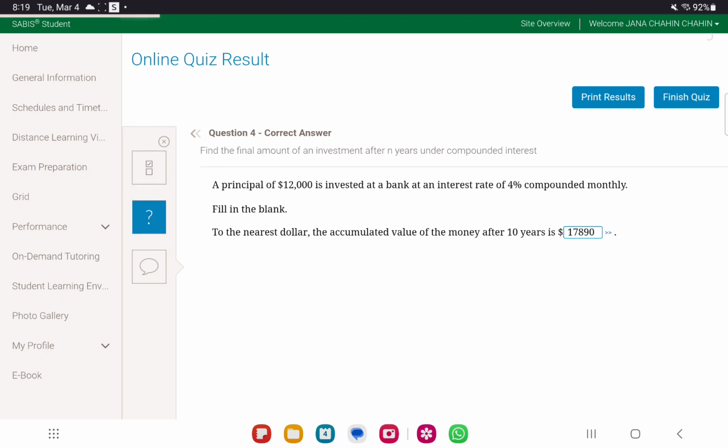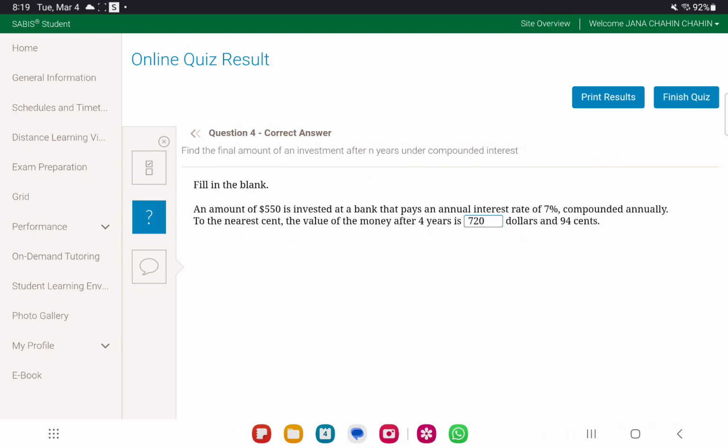Question 4 and the last question. This is the normal equation. We don't have to do anything out of the ordinary. Let's write the equation on top again: P(1 plus R), and you have to memorize this equation by heart.